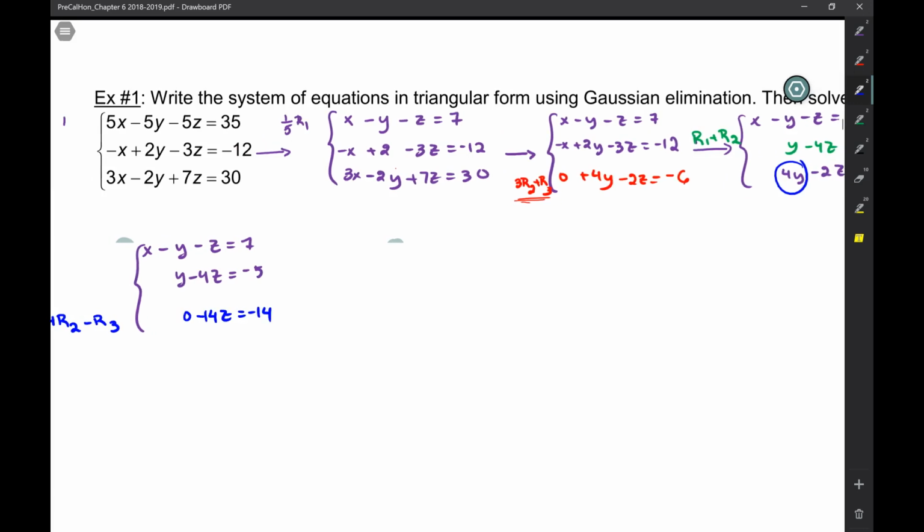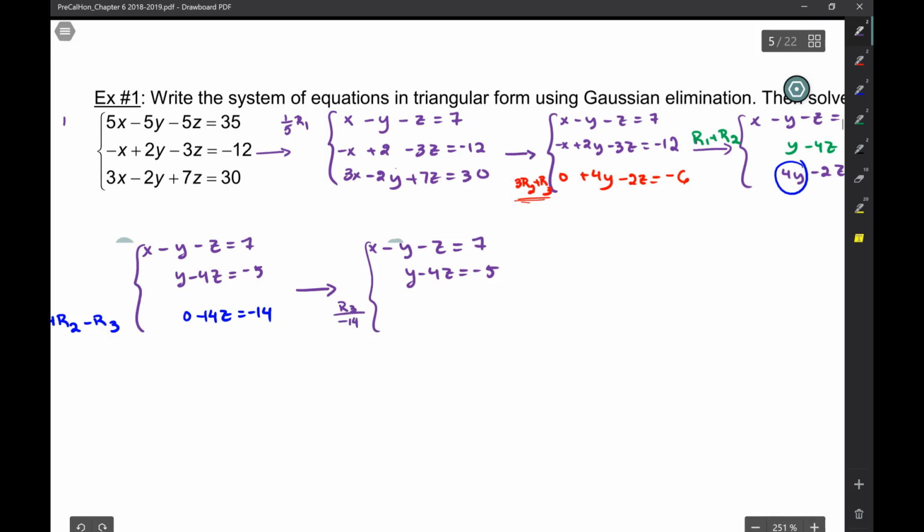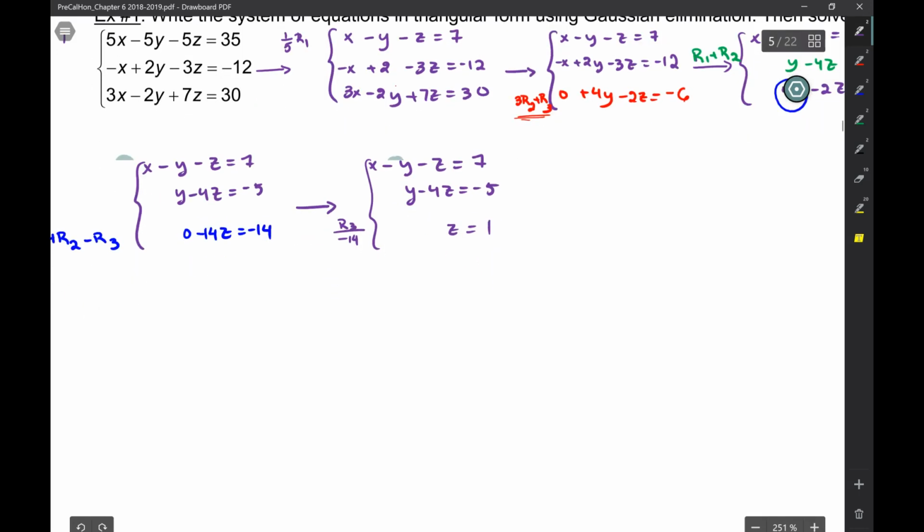Okay? Now you need to go and make sure that all of your leading coefficients are 1. I don't have a problem here. I don't have a problem here. Here, I'm going to divide by negative 14. So R3 over negative 14, and we're going to get that z is equal to 1. So now this is in row echelon form.